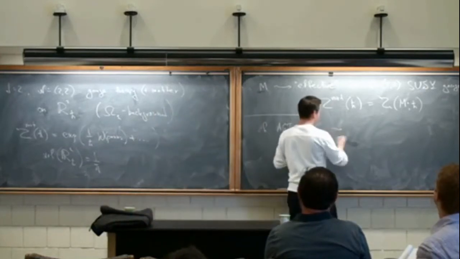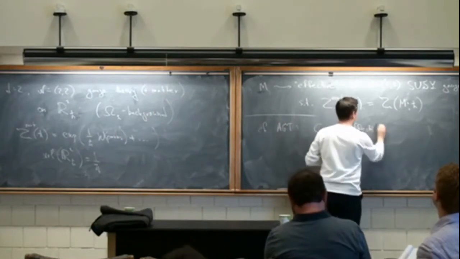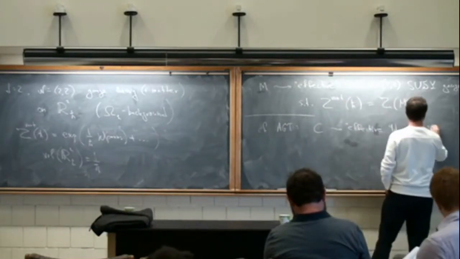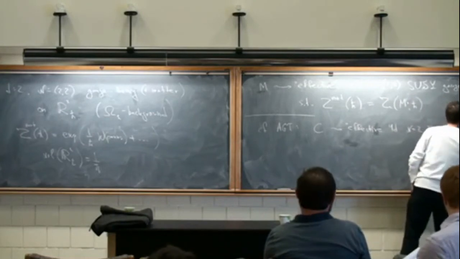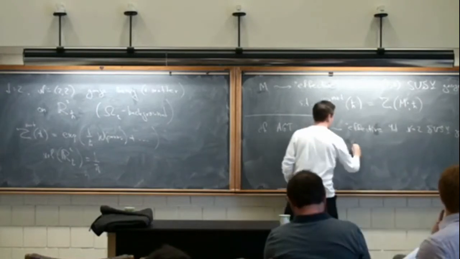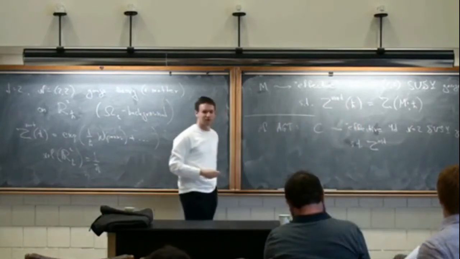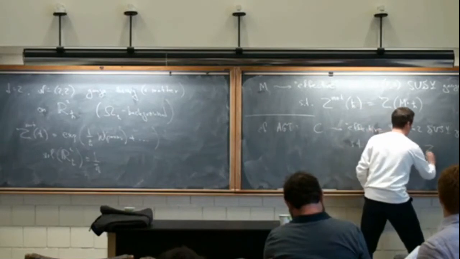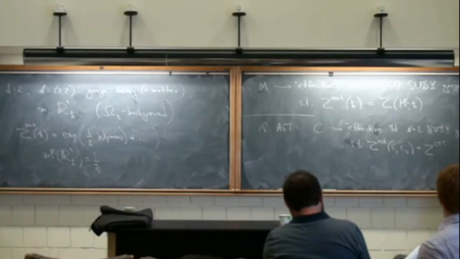Given the topological type of C, you construct a four-dimensional supersymmetric gauge theory such that the partition function, which depends on epsilon 1, epsilon 2, is the same as Z Liouville, or Z conformal field theory more generally, associated to that Riemann surface C.